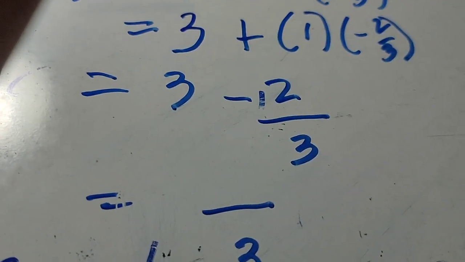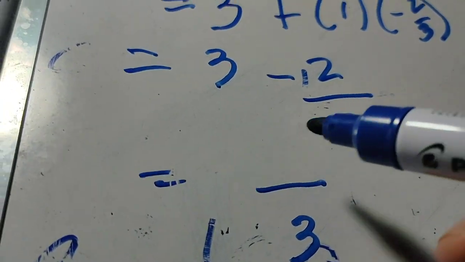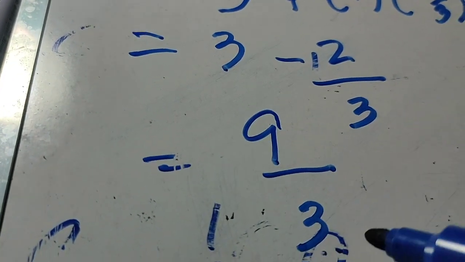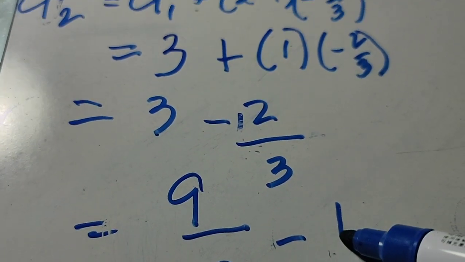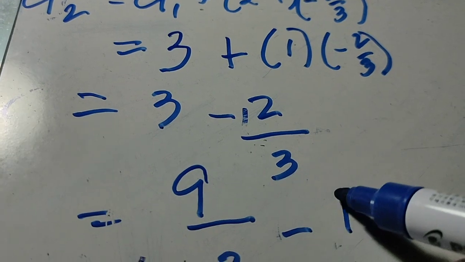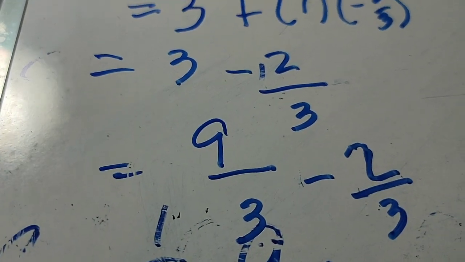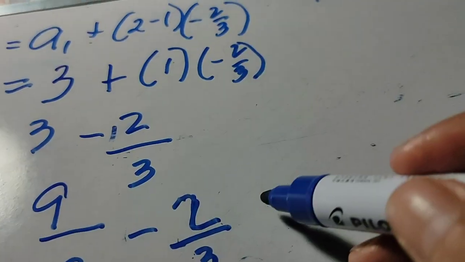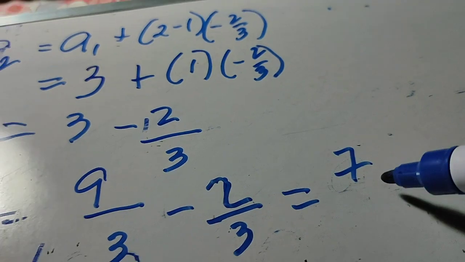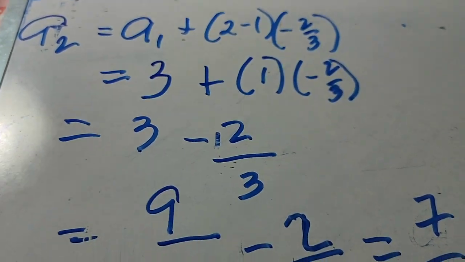So we have, what number will you divide by 3 so that the answer is 3? So it's 9, right? So 9 divided by 3 is 3 minus 2/3. Okay. So we have 9 minus 2 is equal to 7/3. So that is our second term.